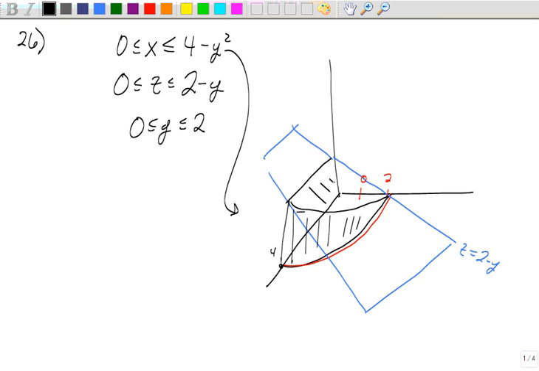That's the region over which we're integrating. This is x equals 4 minus y squared. Okay, I think we're done there.